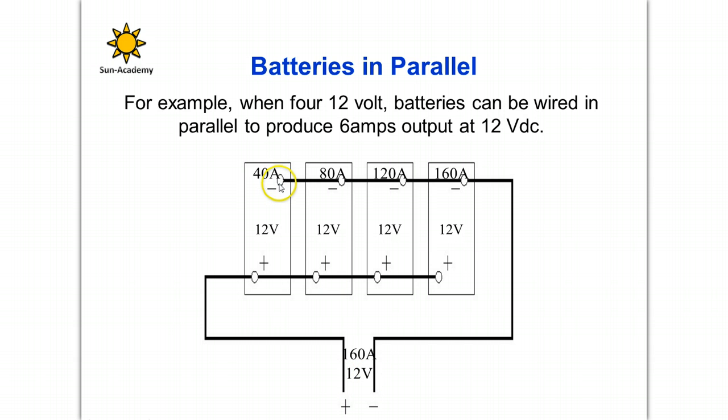So when you measure the amperage across one battery, it is 40 amps. Measure the amperage across 2 batteries, it's 80 amps. Across 3 batteries, it's 120 amps. And when measured across the 4 batteries, it's 160 amps. But regardless of where you measure the voltage in the system, it always shows as 12 volts.